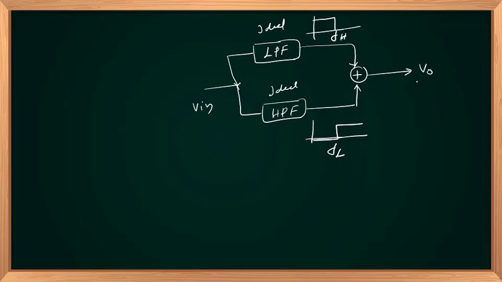V out will look like an all pass nature if FH of your low pass equals FL of your high pass. If both are equal, 0 plus a value will give you that value. At FL, this will become 0 and this is at 1. So greater than FL, this will become 1, this is 0. So if both are exactly equal, we'll have an all pass match.